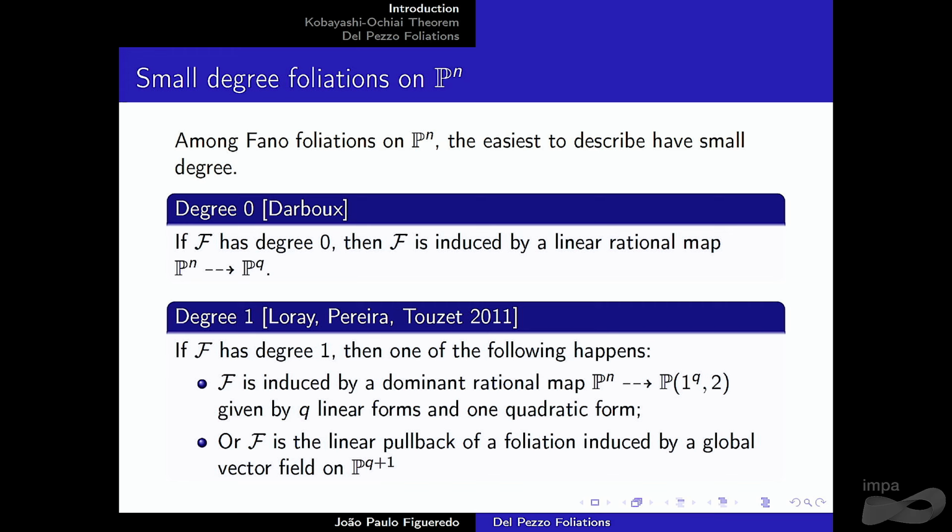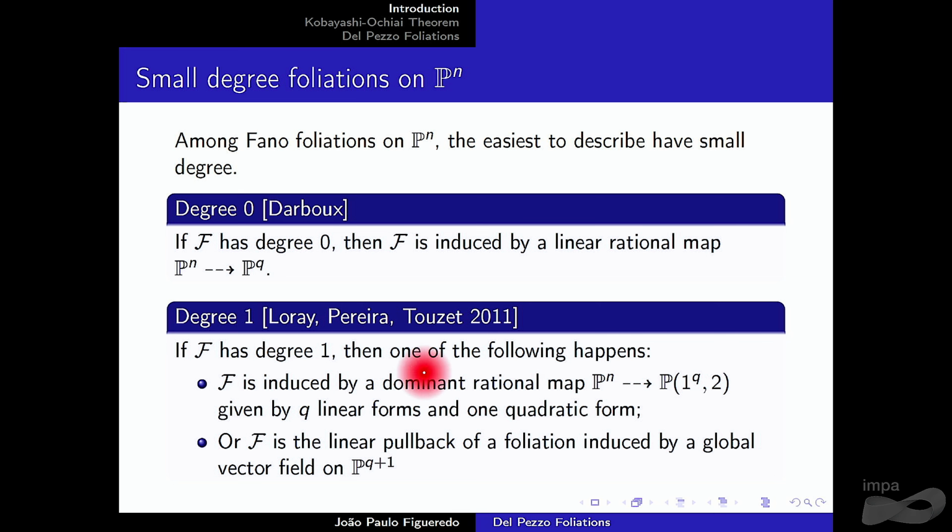For codimension 1 foliations, this was classified by Jouanolou. And for general rank, this was done by Loray, Pereira, and Touzet. So there are two cases.